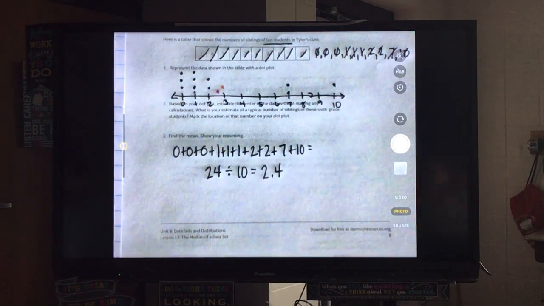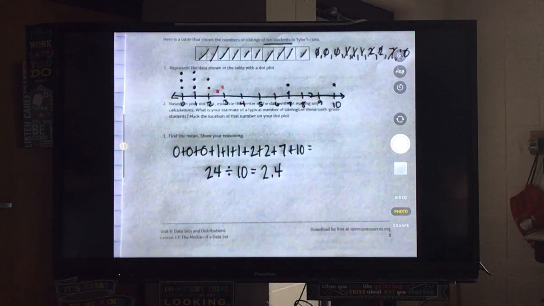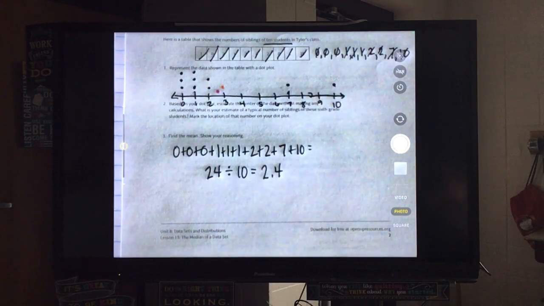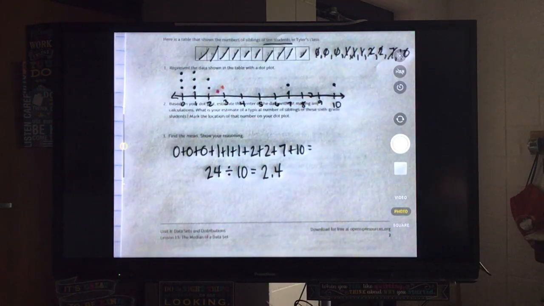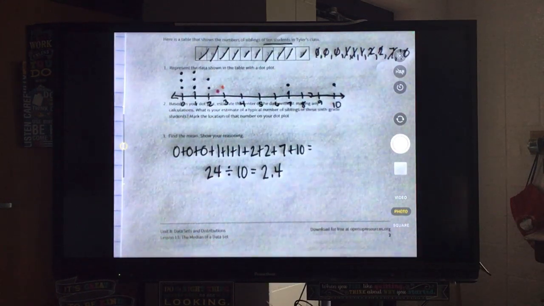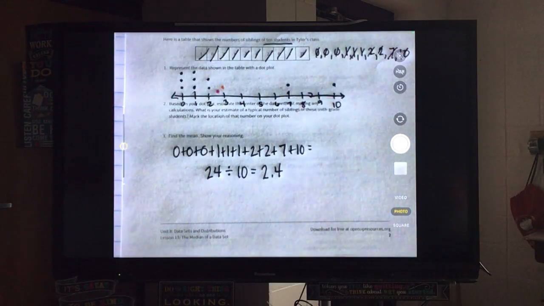Maria? There are 8 below the mean and 2 above. Right, so does the mean describe our data very well? Isn't the mean supposed to be in the middle? Technically, it's supposed to be about the middle of our numbers. So this would be a no, because there is so much more data below the mean than above the mean.